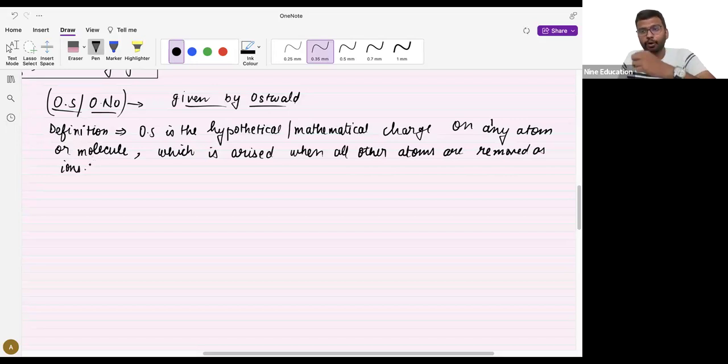So the oxidation number of any element is not the real charge. And we have written +1, +2, +3 on the atoms, but this is not the real charge.